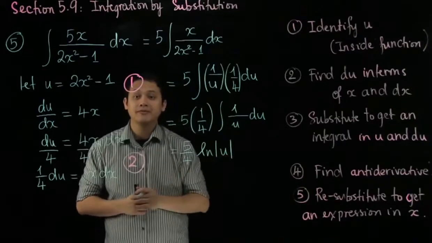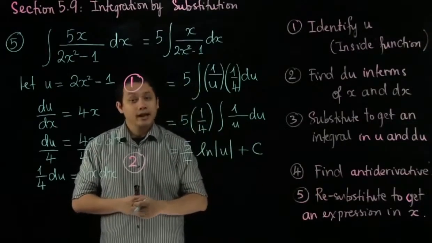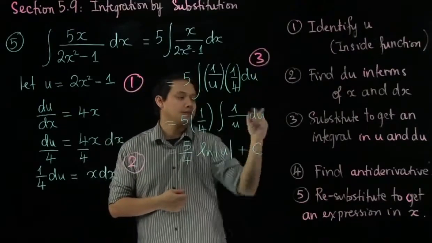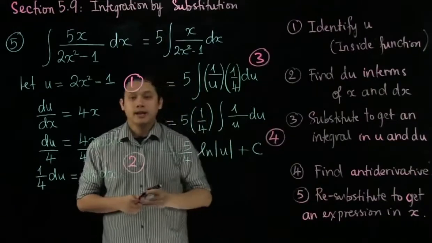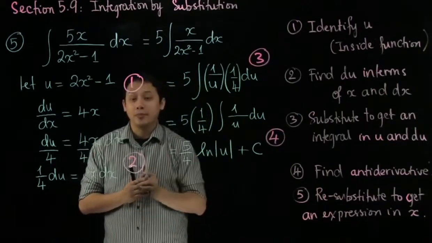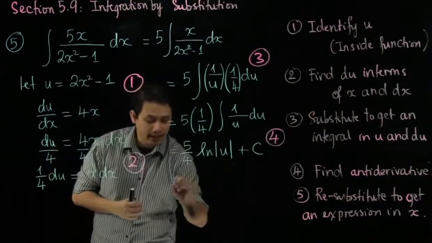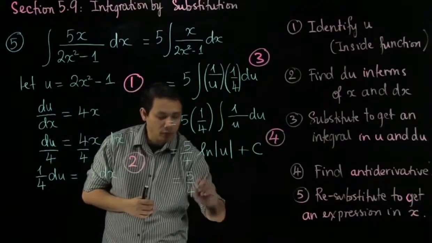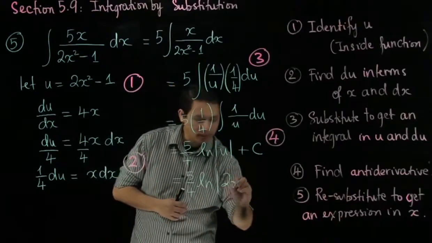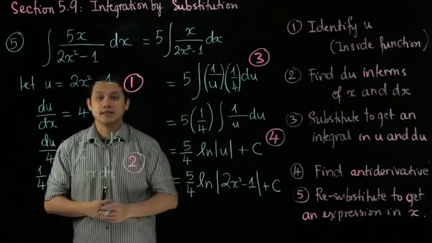Don't forget the absolute value, plus the constant. Now this is step 3, this is step 4, and at the end you need to resubstitute u back. Because u equals 2x squared minus 1, I have 5 over 4 times ln of the absolute value of 2x squared minus 1 plus the constant.